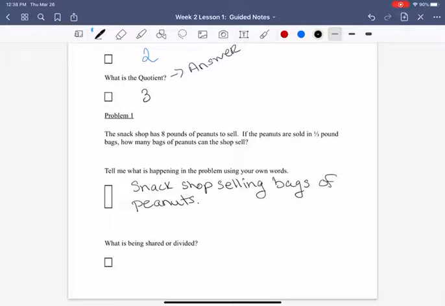So thinking of our dividend, the first number in our division equation, as the number that is being shared or divided, we can reread the problem and look for clue information to determine what is actually being shared or divided in the word problem. So we've got the snack shop has 8 pounds of peanuts to sell. We're selling the peanuts. The peanuts are what's being shared.